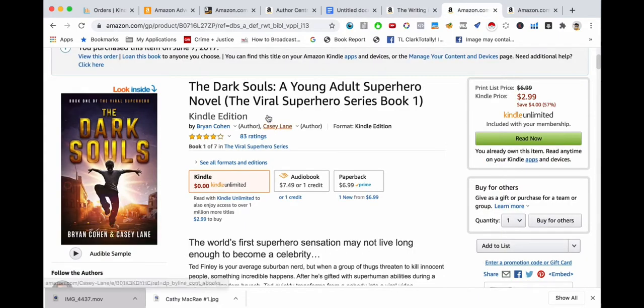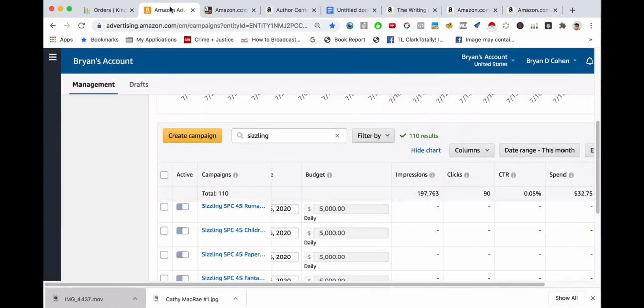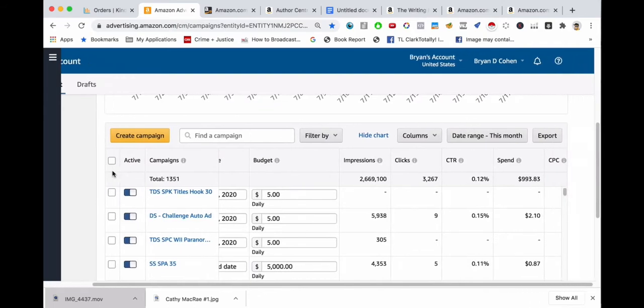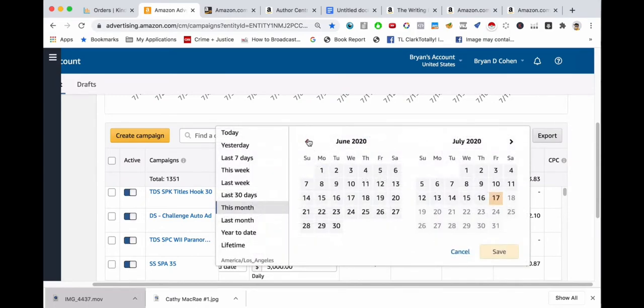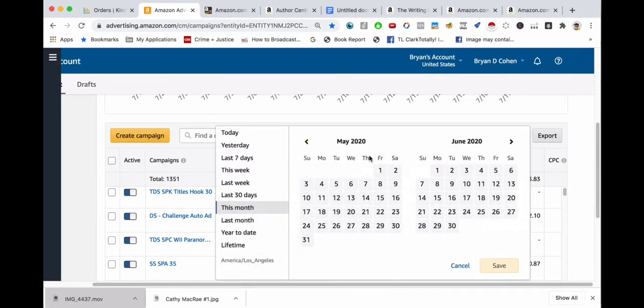Now, let's say I make all these changes. I'm going to mark that down, and I'm going to start a new set of looking. Let's say I made the change on June 15th.